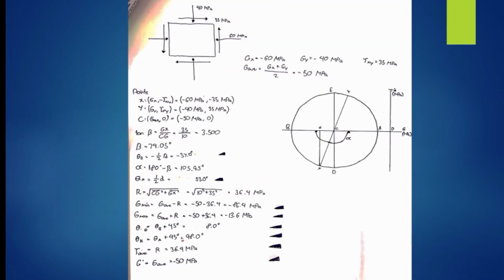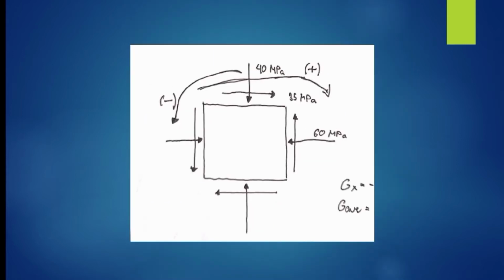Next is Y. The point σy is negative 40 and τ is positive 35, because the arrow here is going to the right, so it is positive.